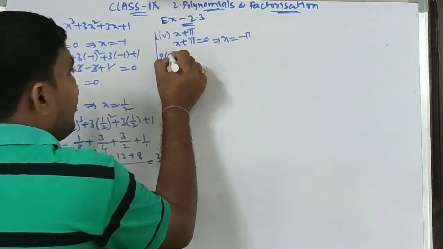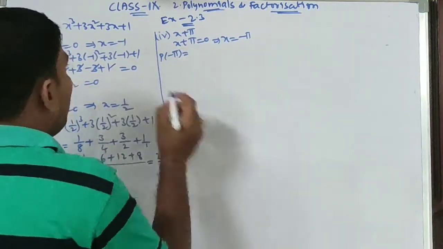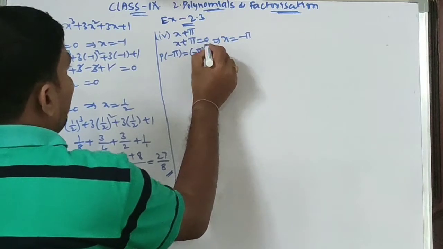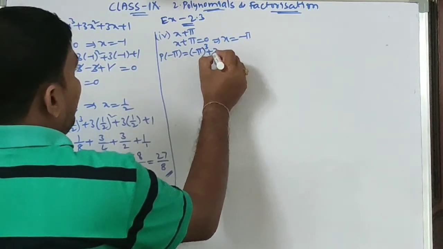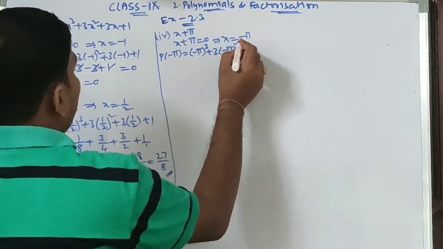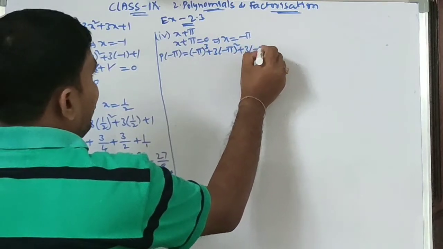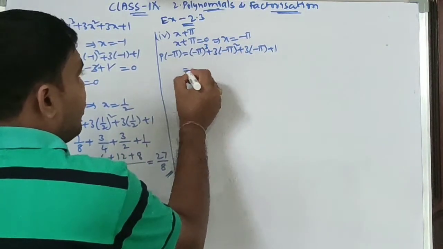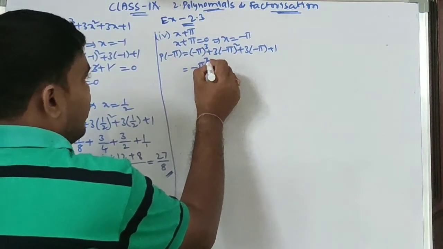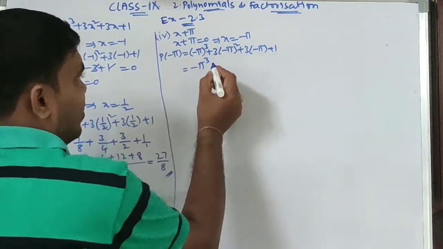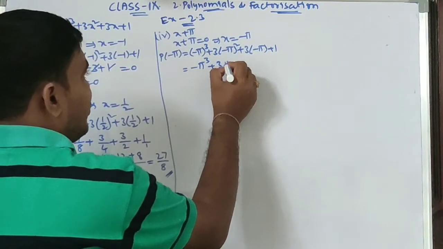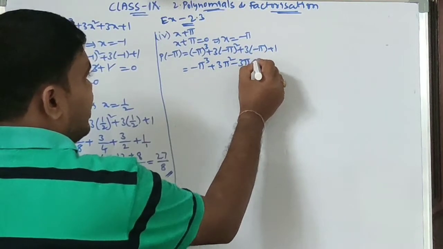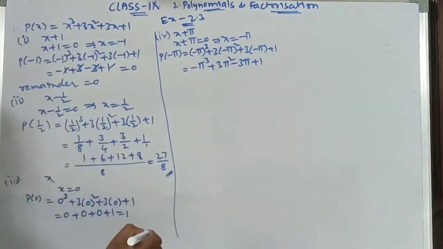So p of minus pi equal to minus pi whole cube plus 3 into minus pi whole square plus 3 into minus pi plus 1. So minus pi cube, plus 3 pi square, minus 3 pi plus 1. So this is the fourth one.